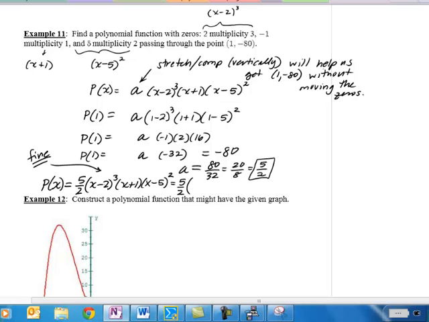So if I can just do 2 of the factors at a time, I'd have x squared minus 4x plus 4, and I want that times another factor of x minus 2 times x plus 1, and then times x squared minus 10x plus 25.